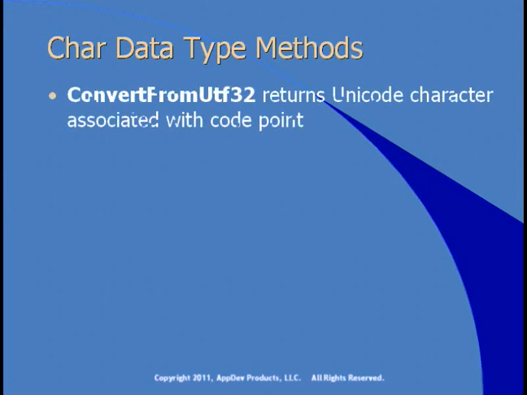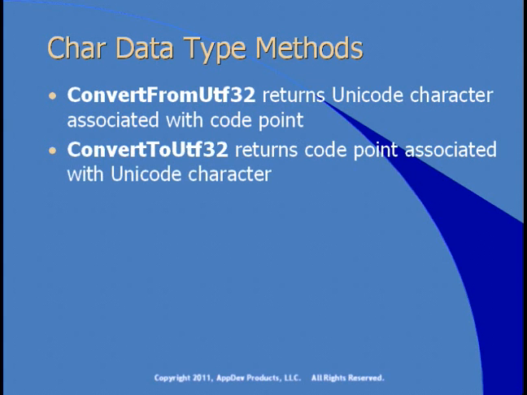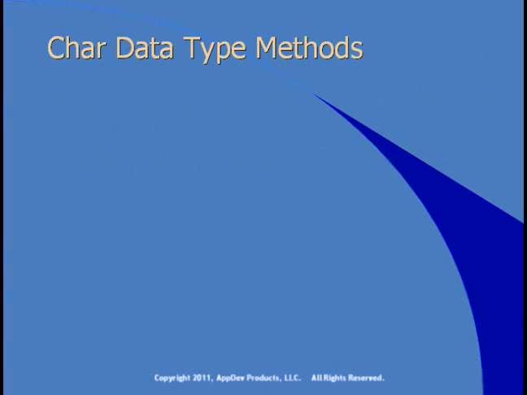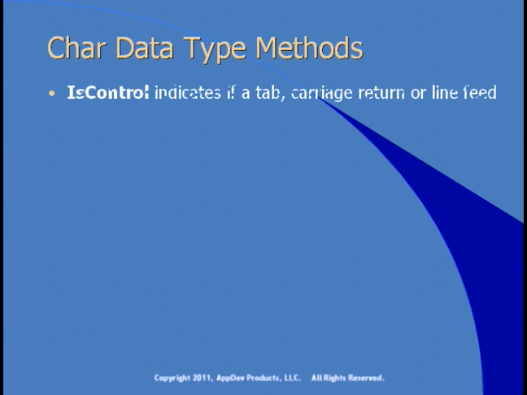The char data type has 2 methods. Convert from UTF-32 returns the character associated with the code point, and convert to UTF-32 returns the code point associated with a character. So you can convert from the numbers to the characters and back again. The char data type also has methods to determine the category that the character is in. For example, is it a control, a tab, carriage return, line feed?